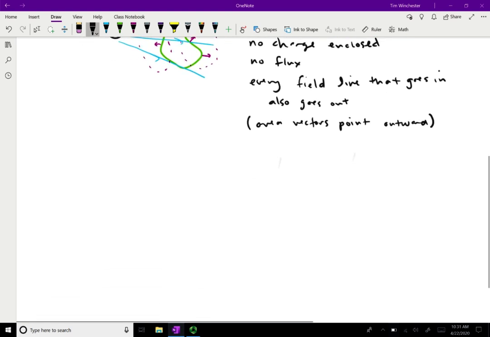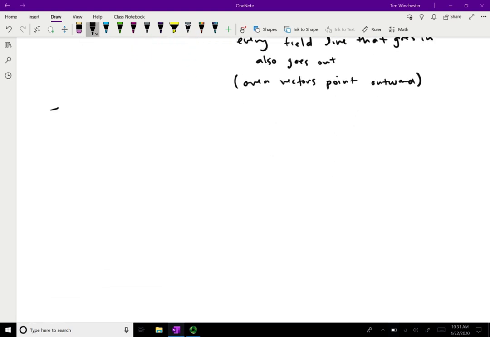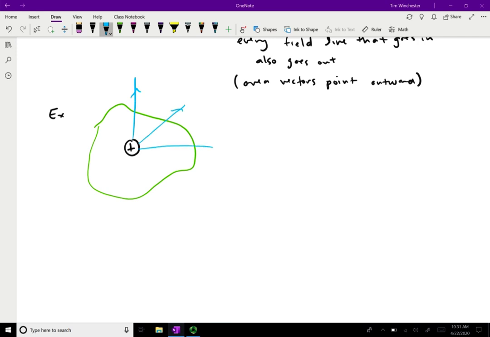Okay, so let's show an example like that. Okay, so let's say that I have now a positive charge that's inside my Gaussian surface. Okay, and again, I can draw any surface I want. And I'll draw some field lines going outwards, aiming for evenly spaced, like this.